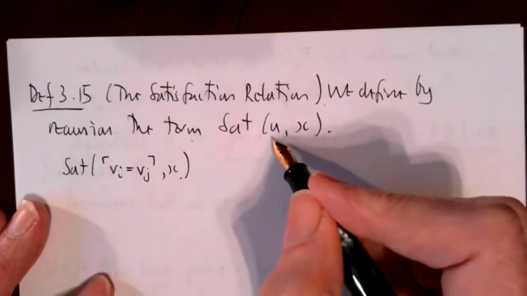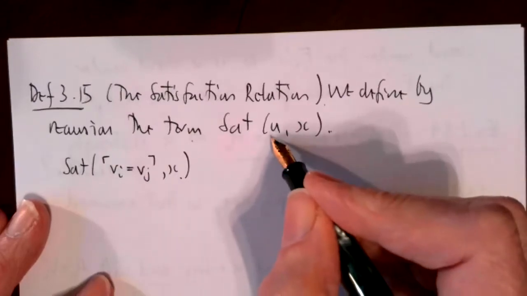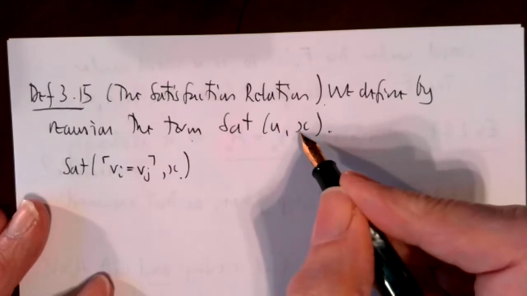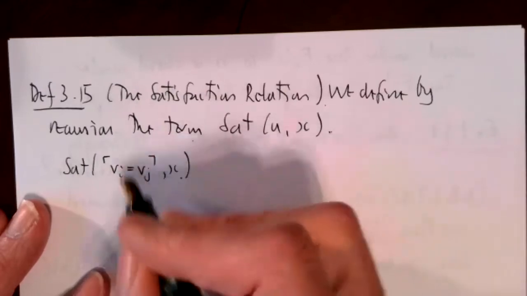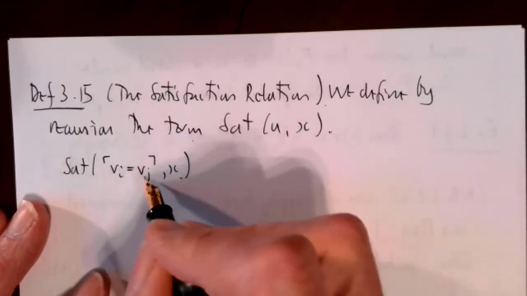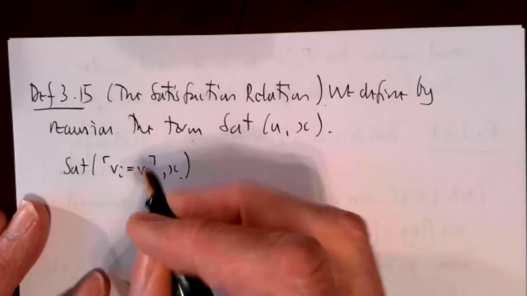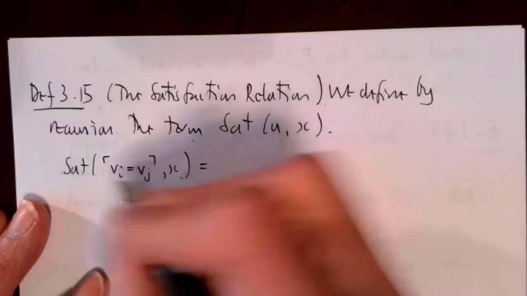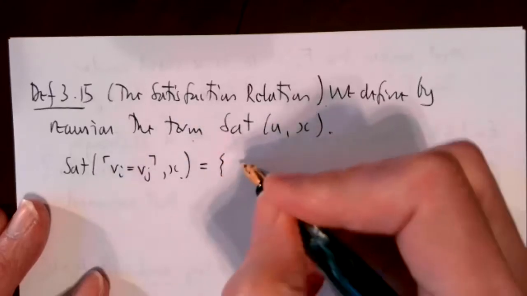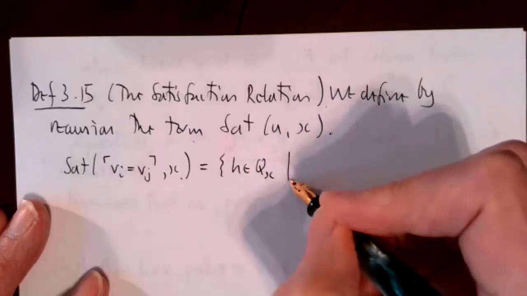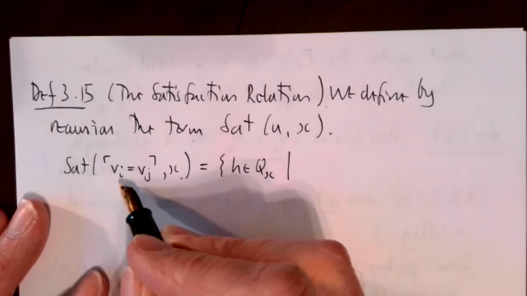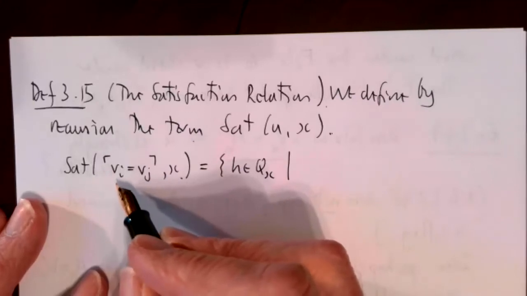In here, unless this is a code for a formula, and unless this is a structure, the function will just default to 0. But in the more interesting cases, if this is a code for a formula, we're going to define this to be the set of valuations that make the formula true in X. And how do I make a formula Vi equals Vj true?